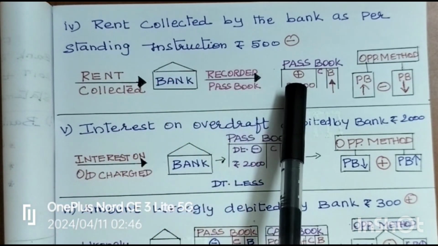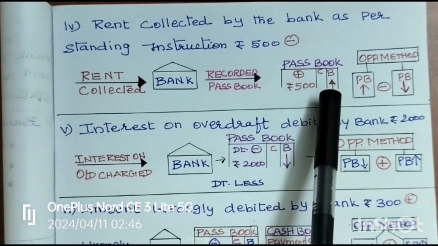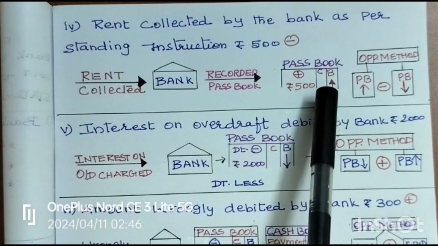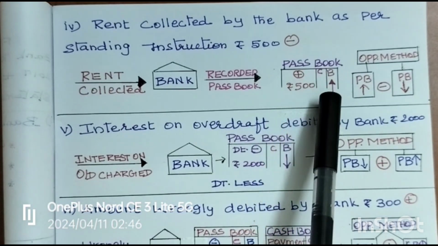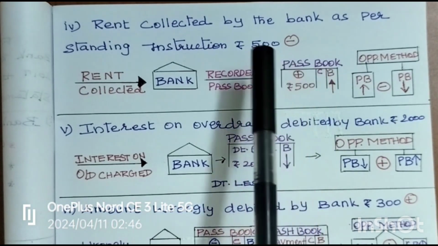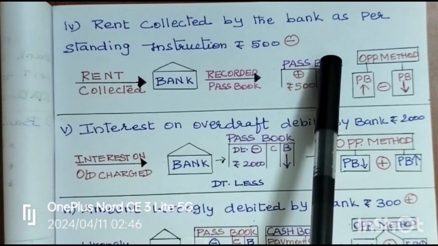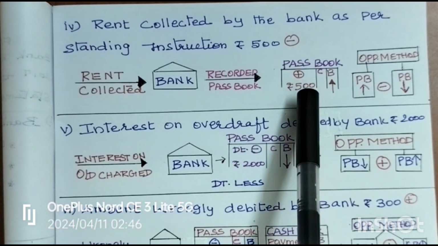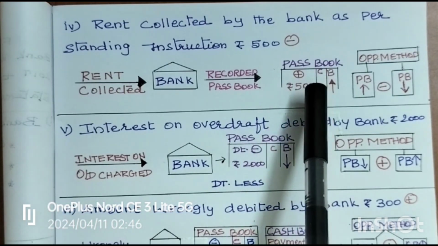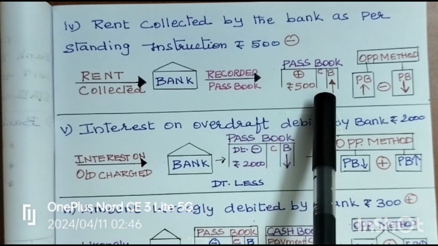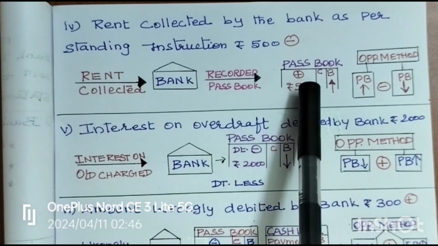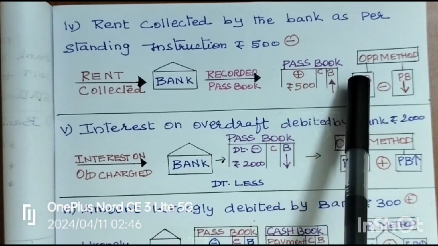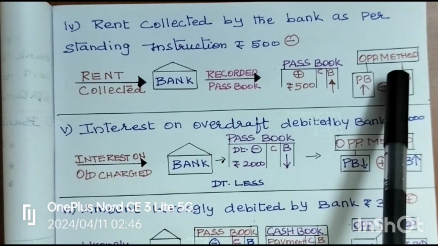So immediately in the passbook, it will be increased. 500 rupees will be increased in the passbook because as per the standing instruction the bank collected the rent. So your bank passbook 500 rupees is increased. Okay. So we are following the opposite method, right?